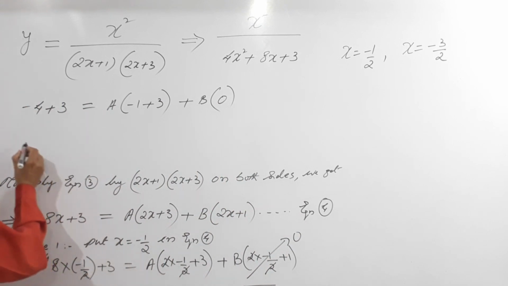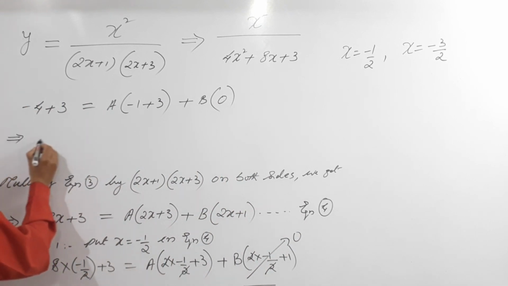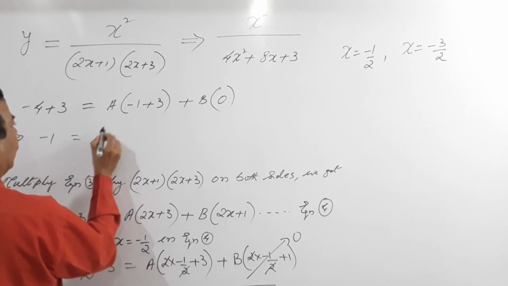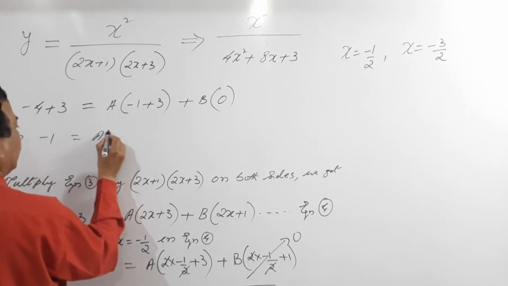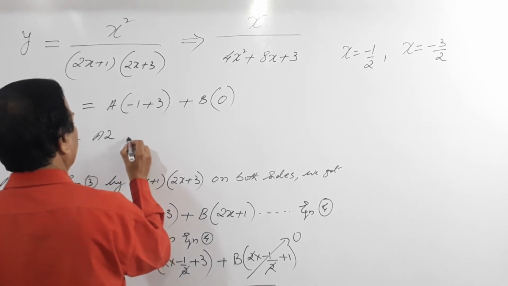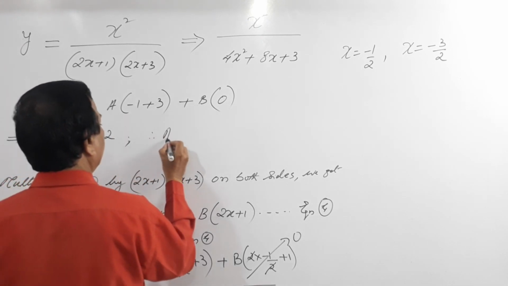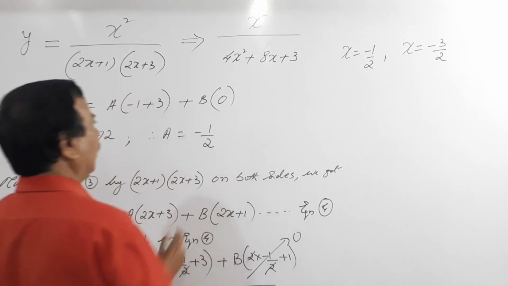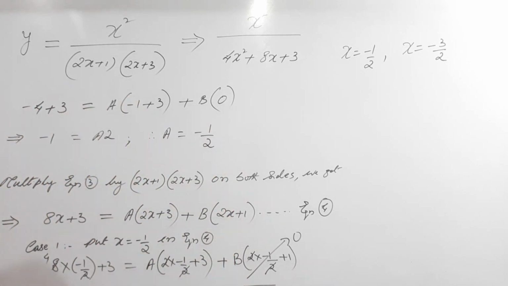So this is minus 1 equals what? A times 2. Therefore a equals minus half. Done.